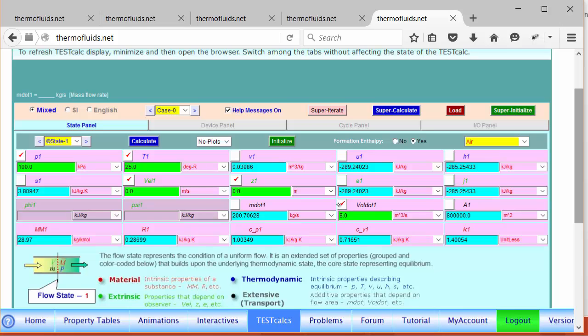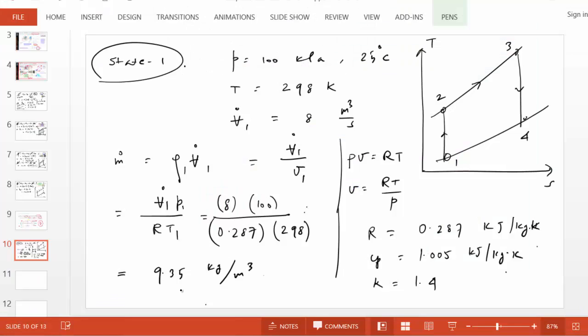And the mass flow rate is, oh, we made a mistake, it cannot be so high. Temperature is not 25 Rankine, temperature is 25 degrees C. Now, if you notice, the mass flow rate is about 9.35 kg per second, and I believe what we found was pretty close, so that's verified.